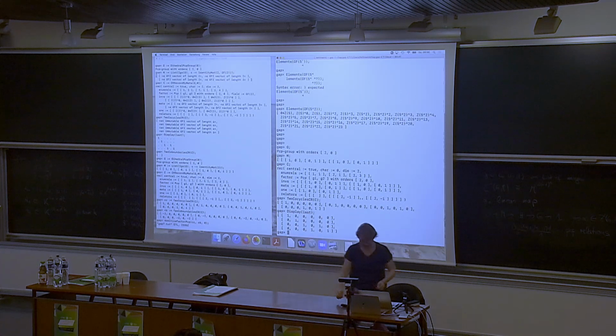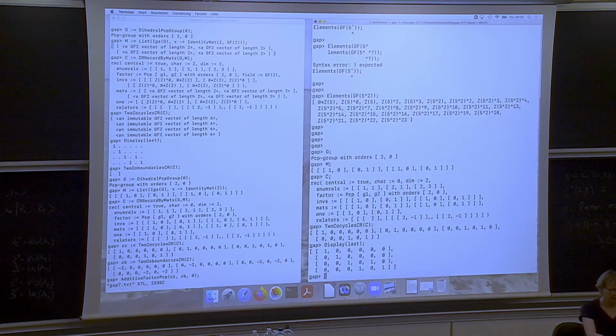The relations that are used here are actually encoded in the record C. There are 3 relations. That's first of all the power of the first generator, and then conjugate relations, because in this case I really need to look at G2 of G1. Those are the 3 relations that are used here, and therefore it's 6-dimensional.